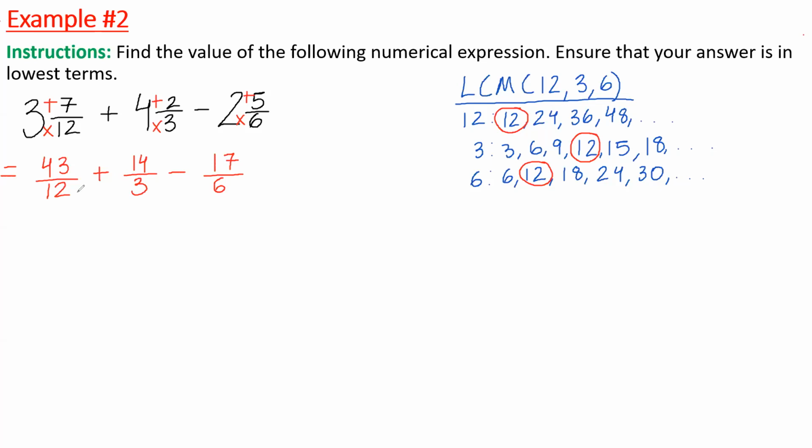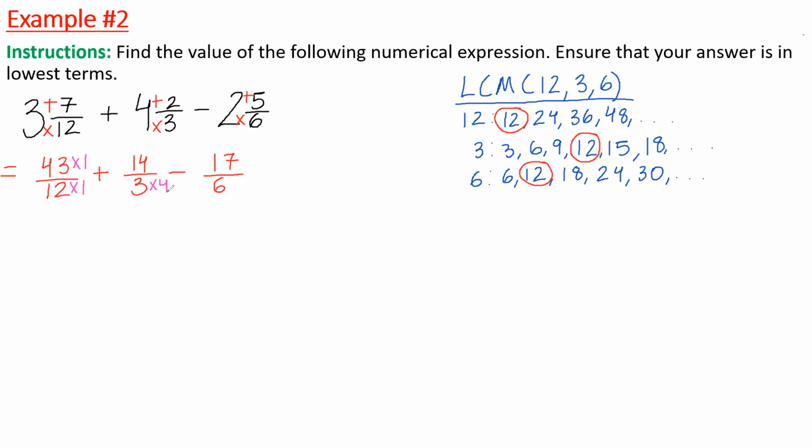Okay, so if that's the case, what times 12 gives me 12? 1. Very good. And whatever we do to the bottom, we must do to the top, so we multiply by 1 as well. Next, we have 3. What times 3 gives me 12? 4. Very good.